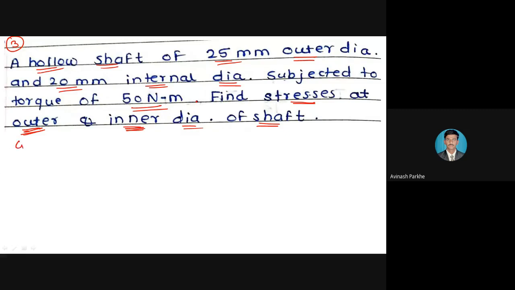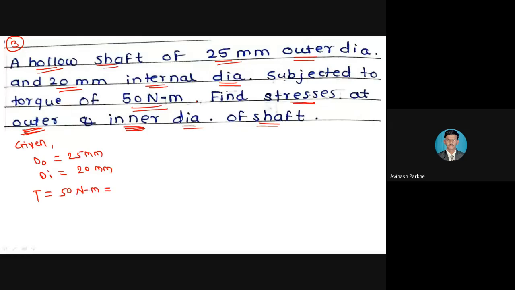So given: external diameter DO is equal to 25 mm, then DI is equal to 20 mm. Torque is given, capital T is equal to 50 Newton meter.